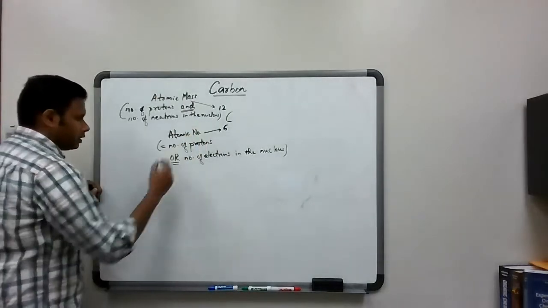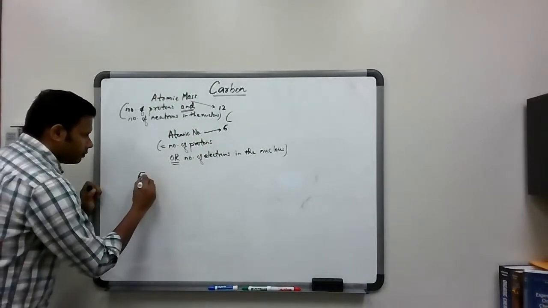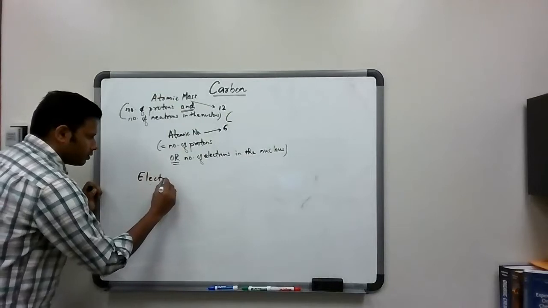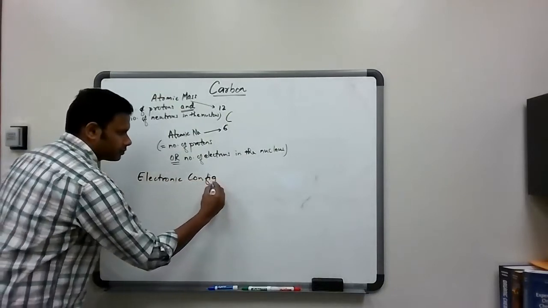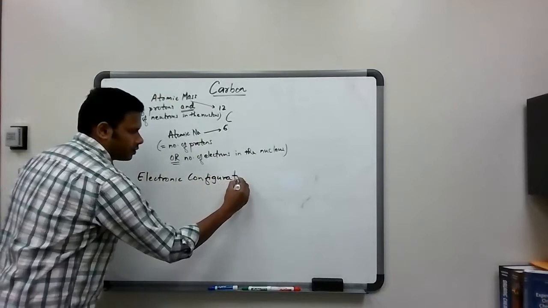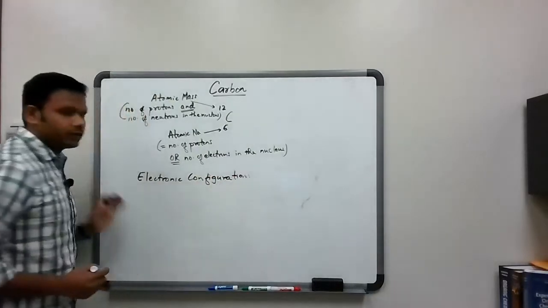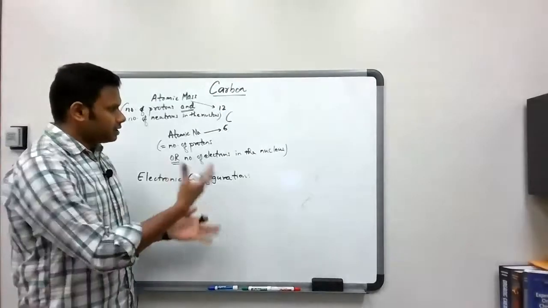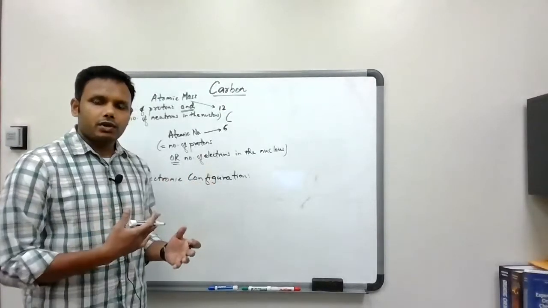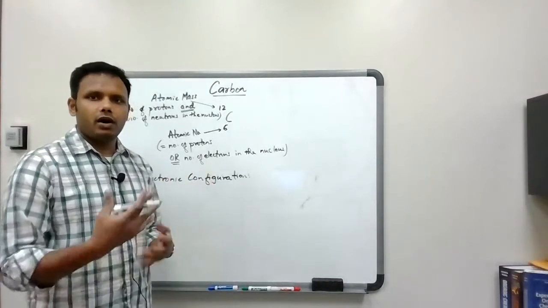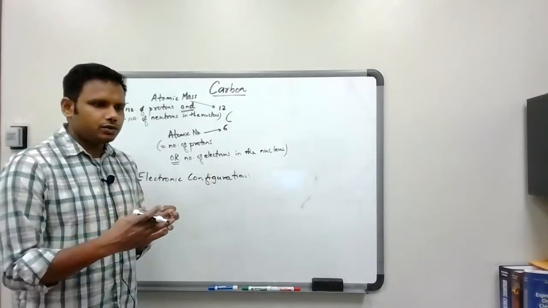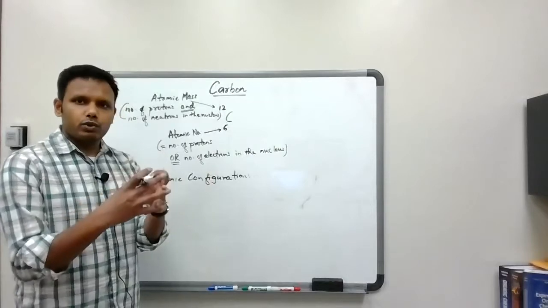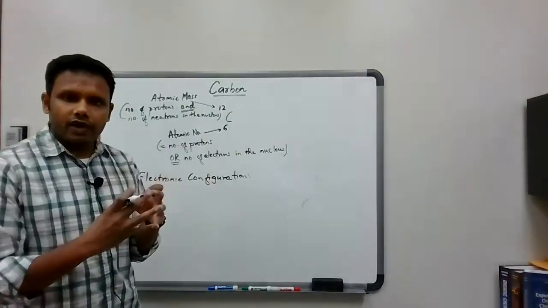Now, the next thing we're going to talk about, again using carbon, is electronic configuration. So electronic configuration, this basically tells us how electrons are filled into the orbitals outside the nucleus. Because going back to a very crude structure of atom, okay?